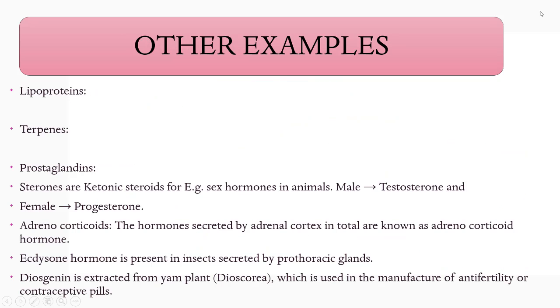Other examples are lipoproteins. Lipoproteins are composed of lipids and proteins. They are present in blood, milk, and egg yolk.